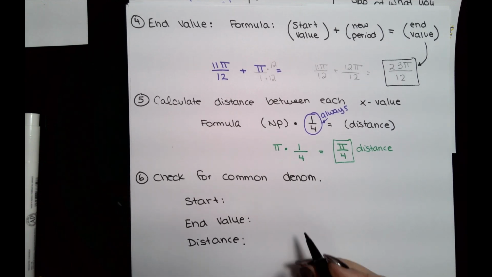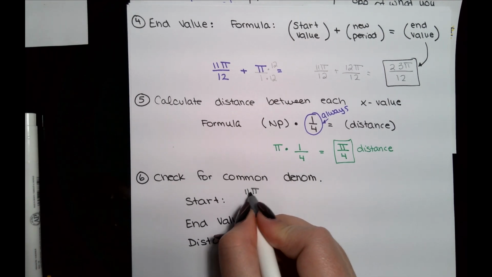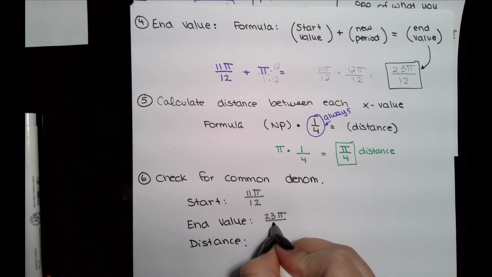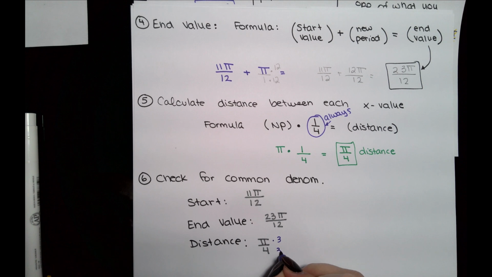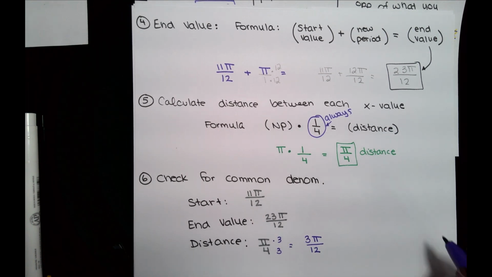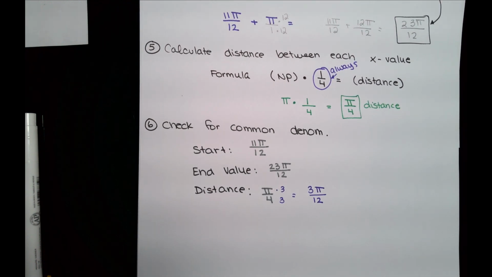Our start value was 11 pi 12ths. Our end value was 23 pi 12, so everything good there. However, if you notice, our distance is in pi 4ths, so we need to convert that into common denominators. So I'm going to multiply top and bottom by 3. So we have 3 pi 12ths as our distance. So even though technically our distance is pi fourths, in order to use it in graphing to make our life a little easier, we need all of these 3 values in common denominators.